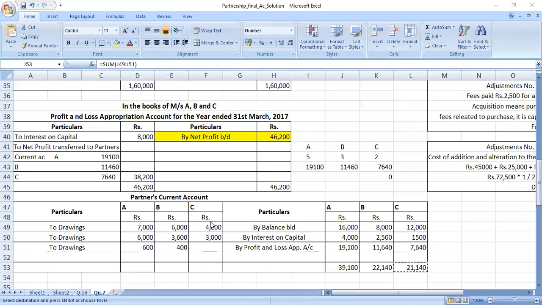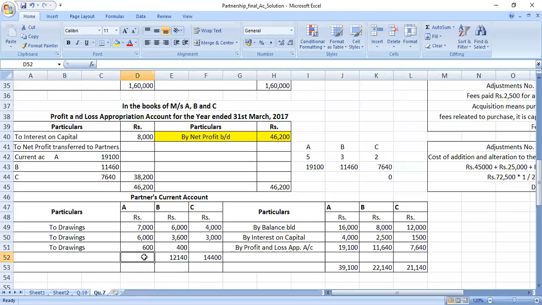From this, you have to deduct the debit side total. So 21,140 minus 7,000, you will get 14,140. Then 22,140 minus 6,000 minus 3,600 minus 400. So you will get 12,140.